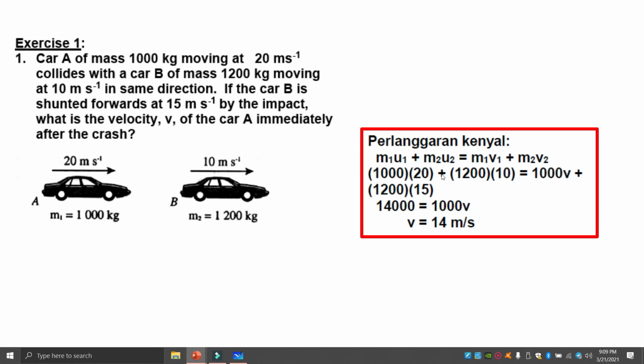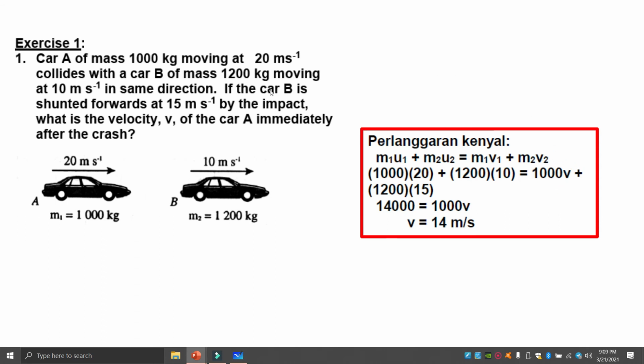Plus m2 is the mass of car B. Maybe you can label A and B here, so it is much easier. If not, you might be confused. So this one is 1200, while u2 is 10 meter per second, equals to m1, the mass of car A.